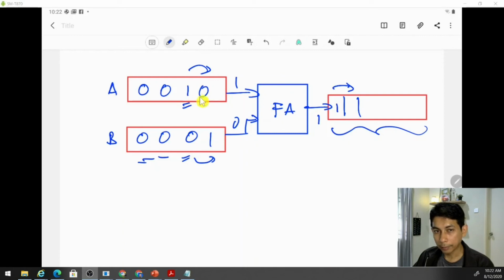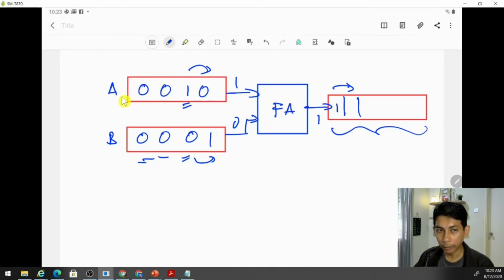So you can see the speed is maybe 4 times slower as compared to the parallel adder, but you only have a one-bit adder here. The cost here is lower.